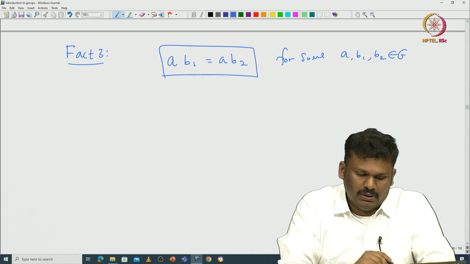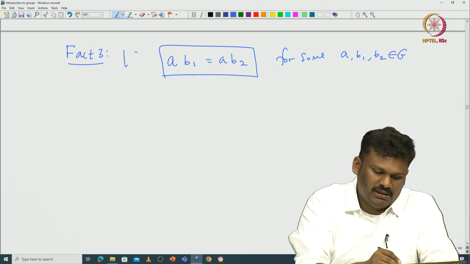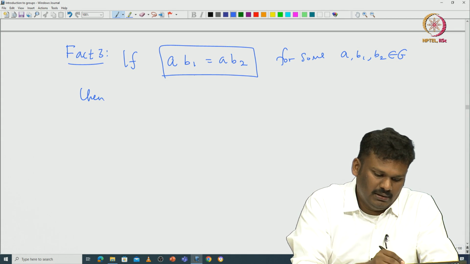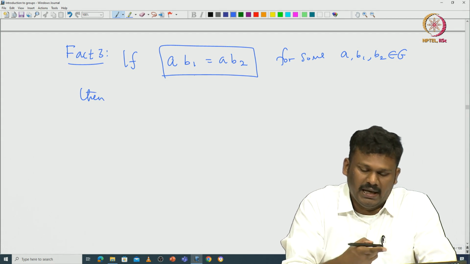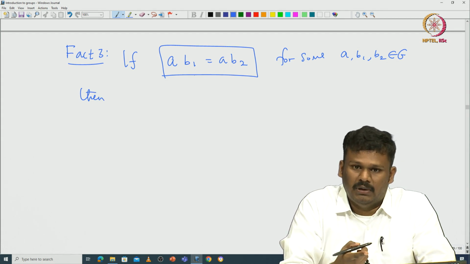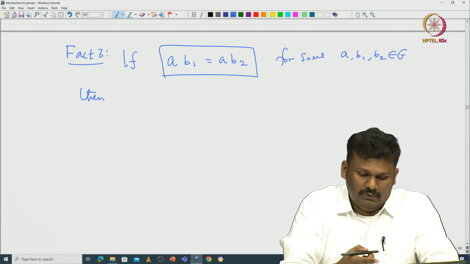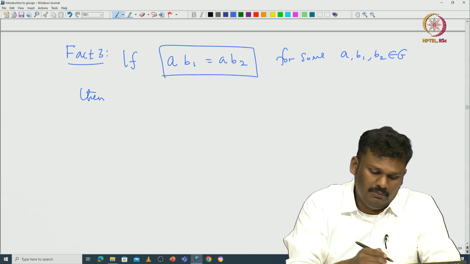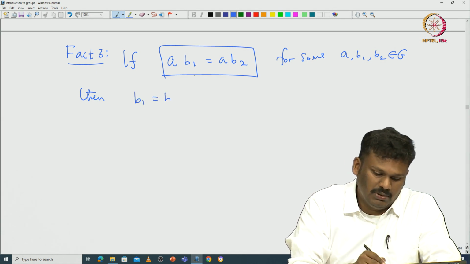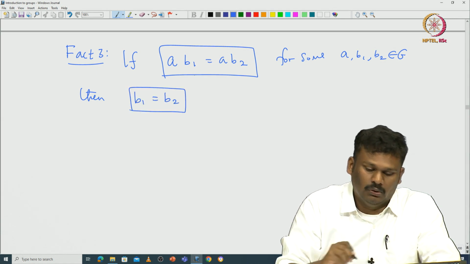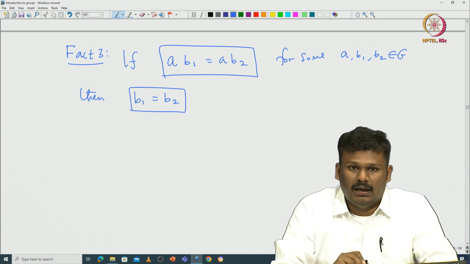So, if this happens, because A has an inverse, I will be able to multiply by the inverse of A on the left side. So that would imply that B1 must be equal to B2. So I am allowed to cancel A and then get B1 equal to B2.